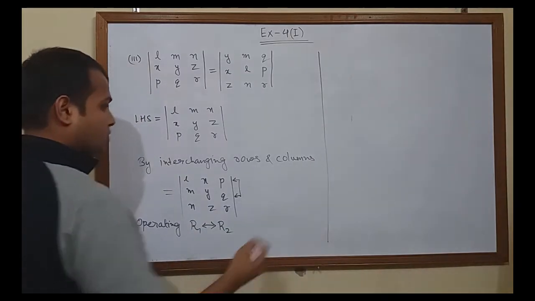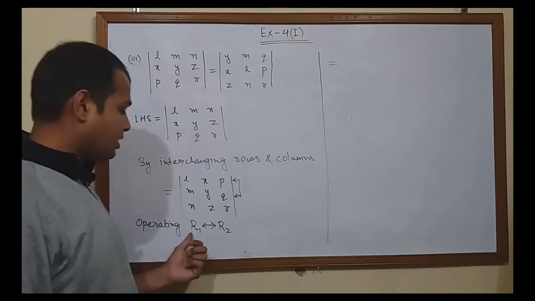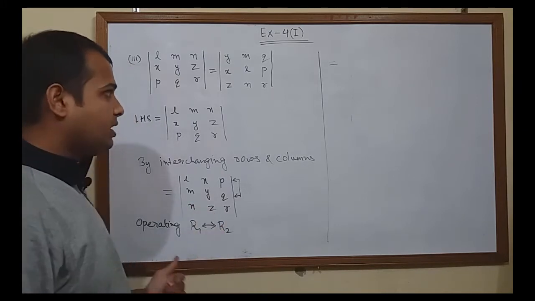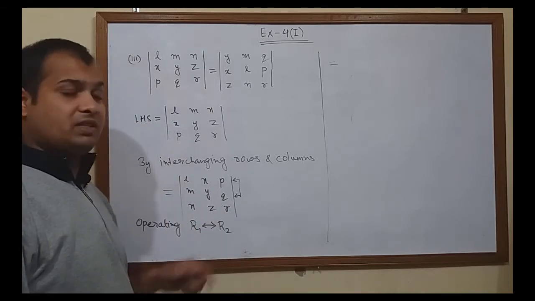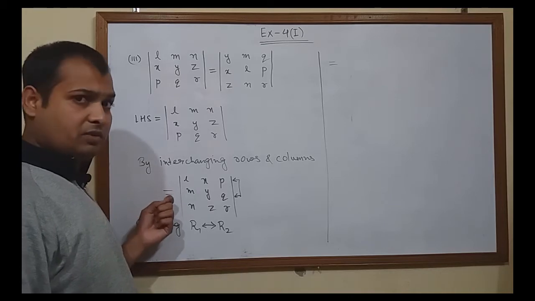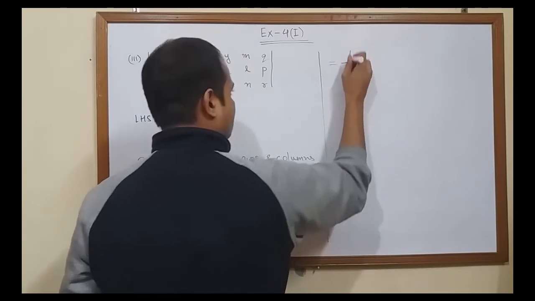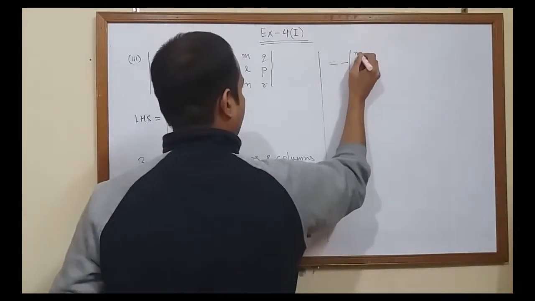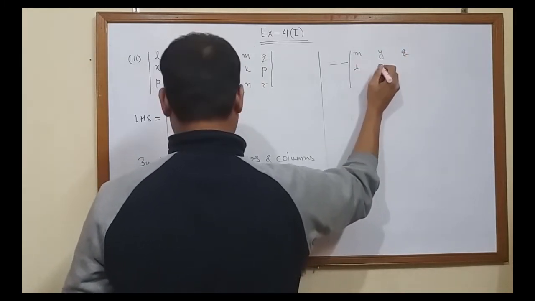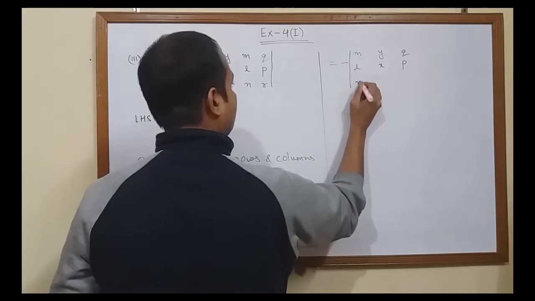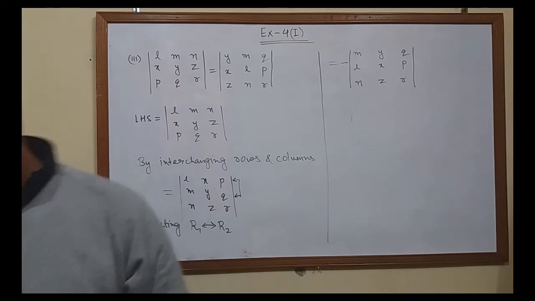Now you know that there is one property which says that if you interchange two adjacent rows or columns, the numerical value remains unaltered, but the sign changes. Now it's positive, so this will become negative. So we'll get minus over here, and then M Y Q, L X P, N Z R. So we have done till here.